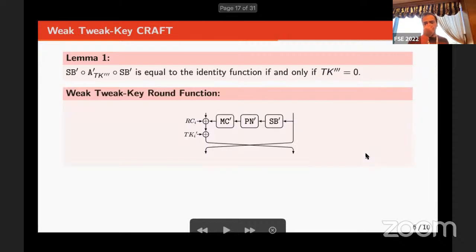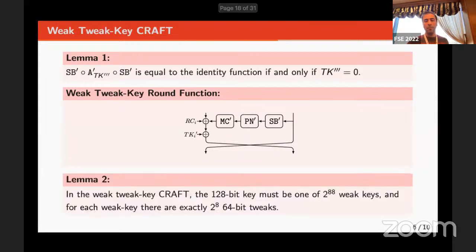Repeating this for every round, we have the weak tweaky structure of the CRAFT block cipher that follows the Feistel network, and this is only possible if the key is one of the 2^88 weak keys, and if the used tweak is one of the 256 weak tweaks corresponding to that used key.